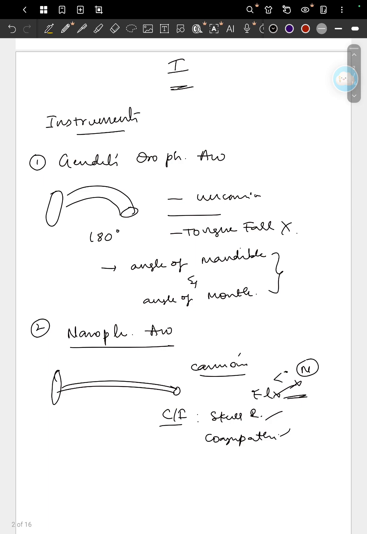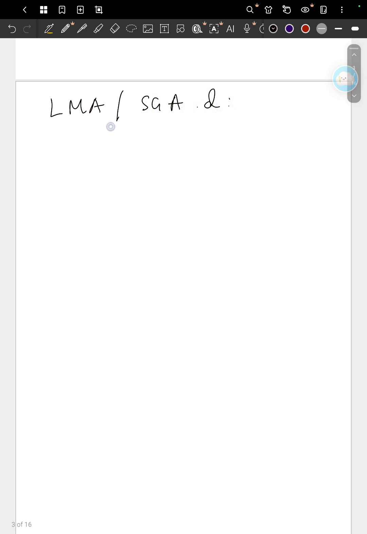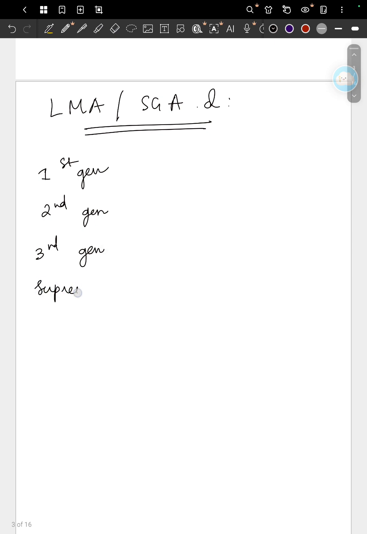Now we'll be talking about the laryngeal mask airway, or supraglottic airway devices. So here we have first gen LMA and second gen LMA. We have third gen LMA. We have Supreme LMA.